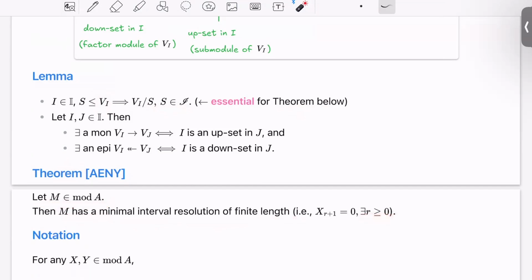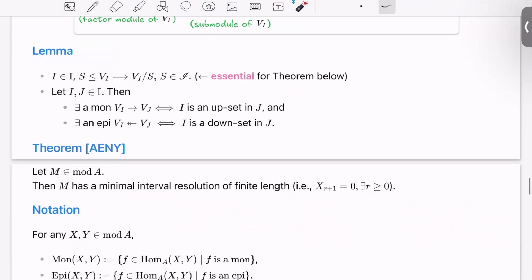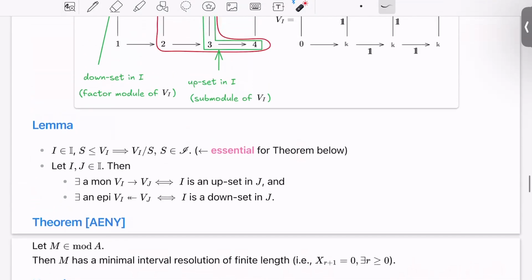So this is sometimes called the interval global dimension of A, and it is finite. And then the remaining one is as follows. If I and J are intervals, then there exists some monomorphism from V_I to V_J if and only if I is an upset in J.